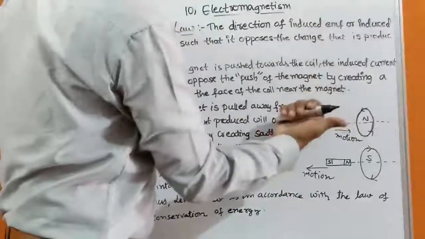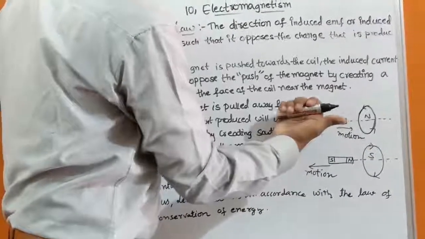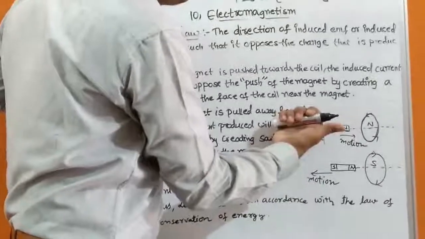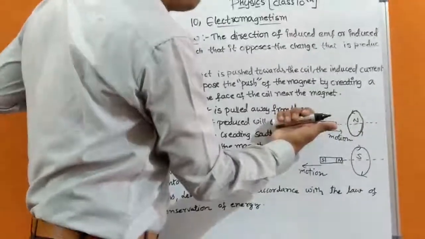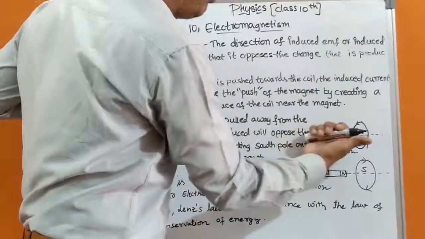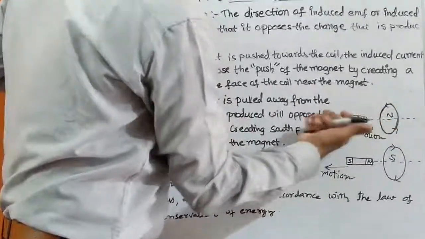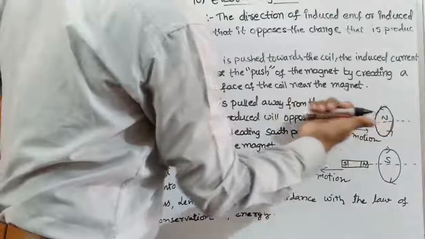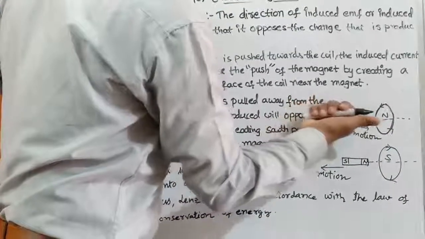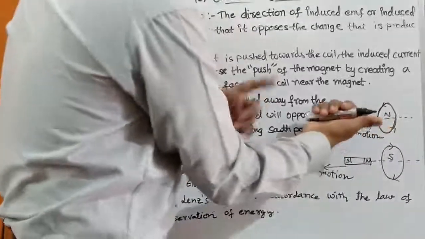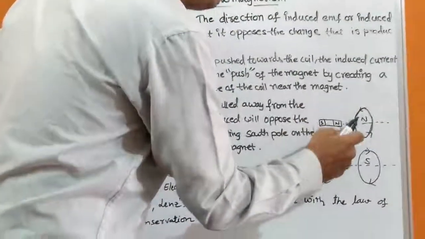If you hold the bar magnet like this, and if you move the north pole of the bar magnet near to the coil, means it is pushed towards the coil, then you can observe the north pole near the coil.